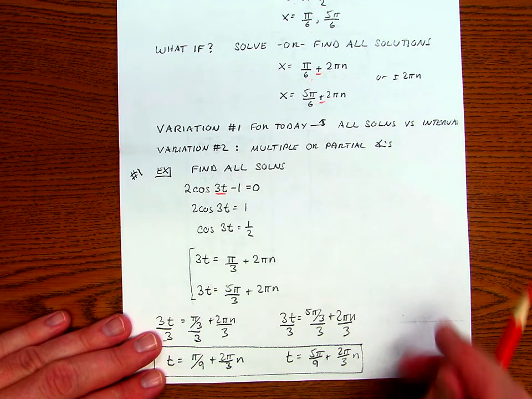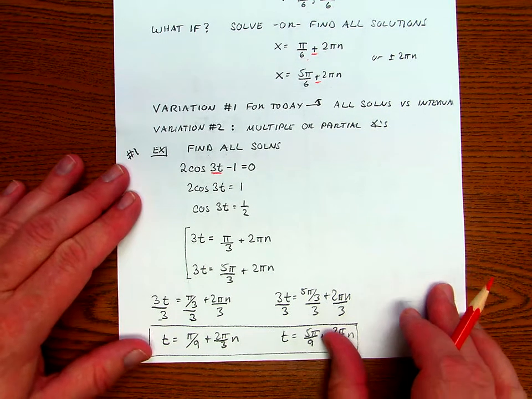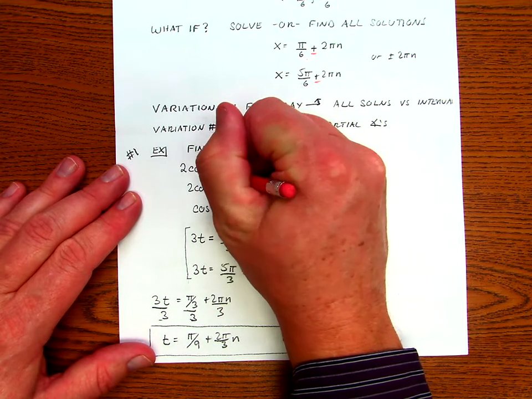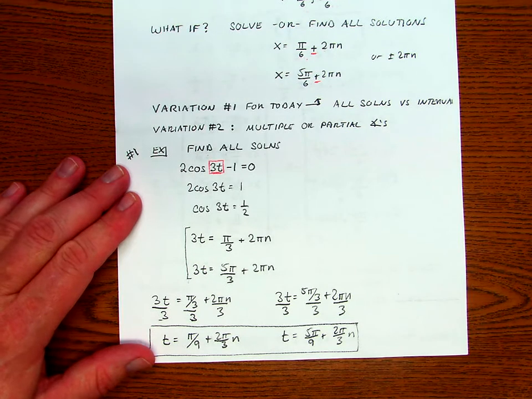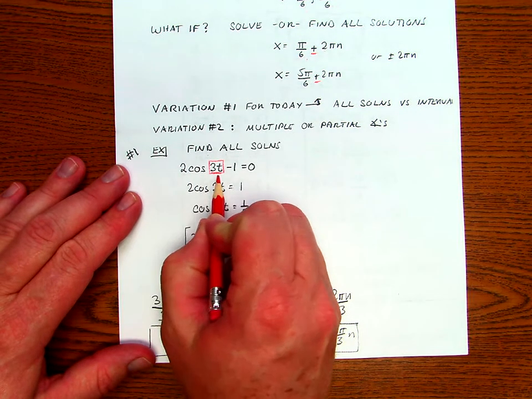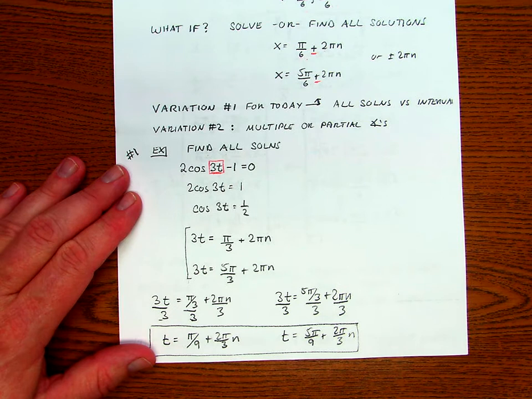It just says solve. All right, the way that we're going to do this is we're going to treat that whole 3t as one variable. So we're going to solve this for red box. 2 cosine of red box minus 1 is equal to 0.